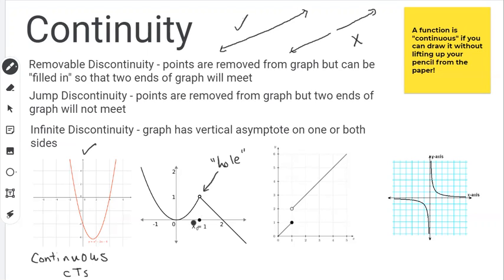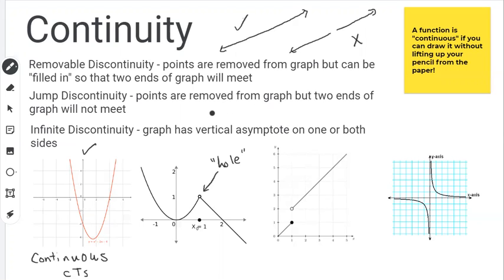But what kind of discontinuity is it? Is it a removable, or is it a jump, or is it an infinite? Well, the two ends of the graph actually meet right here. And if I was to pick up this point and then put it in the hole, then the graph would be continuous again.